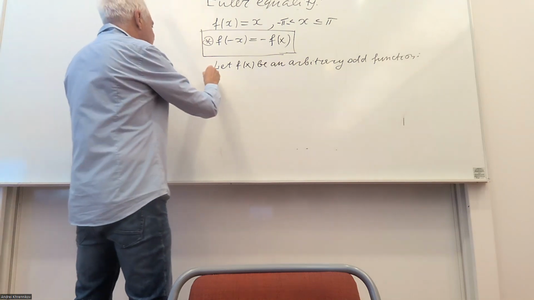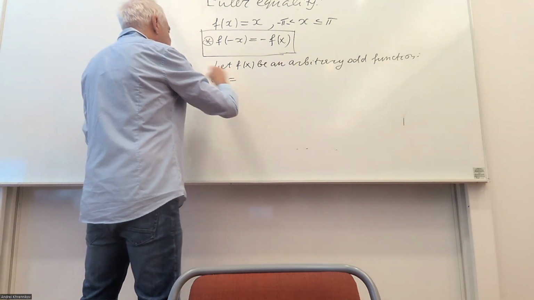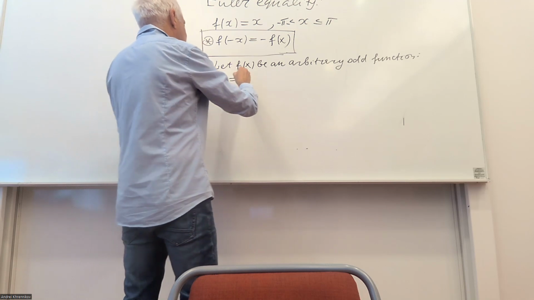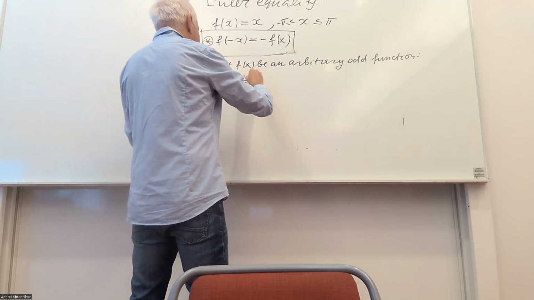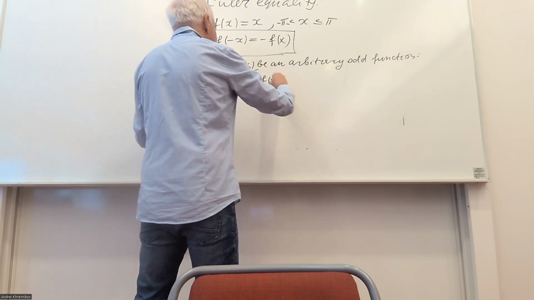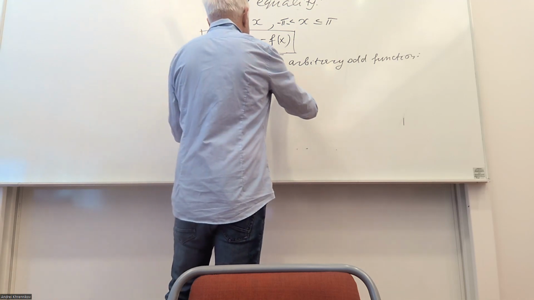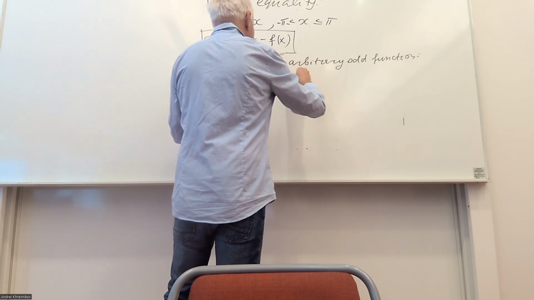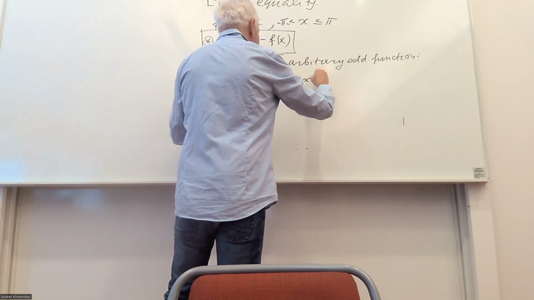Then, for example, its coefficient an for cosinus is 1 over pi, the integral from minus pi to pi of f(x) cosinus nx dx.